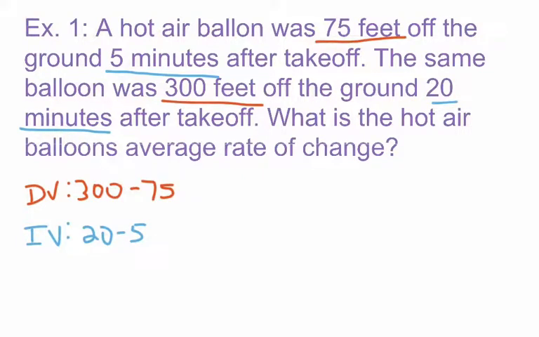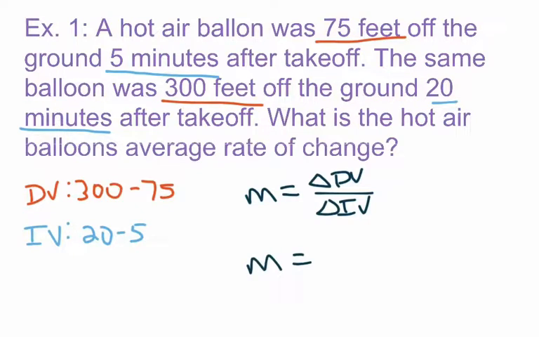So now our formula, again, that I gave you on the previous page, is going to be m is equal to delta DV over delta IV. And so we have m is equal to find delta DV, again we're taking 300 minus 75.